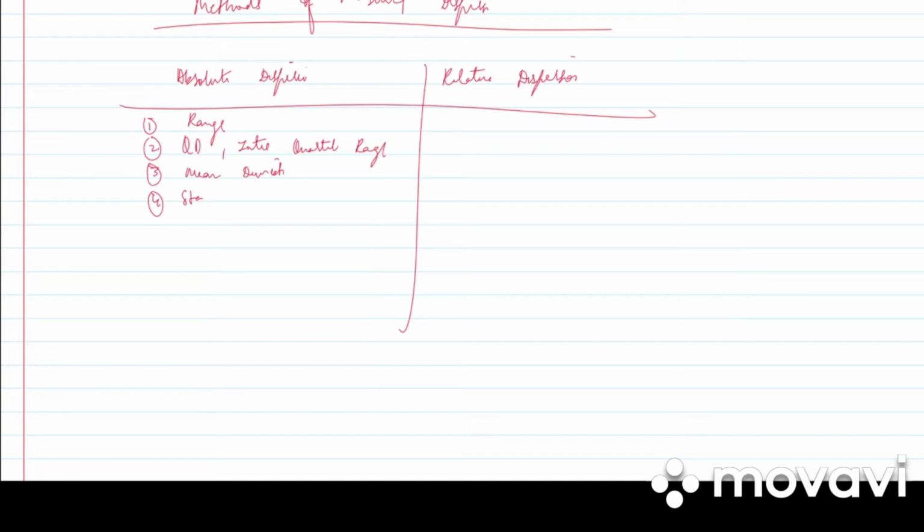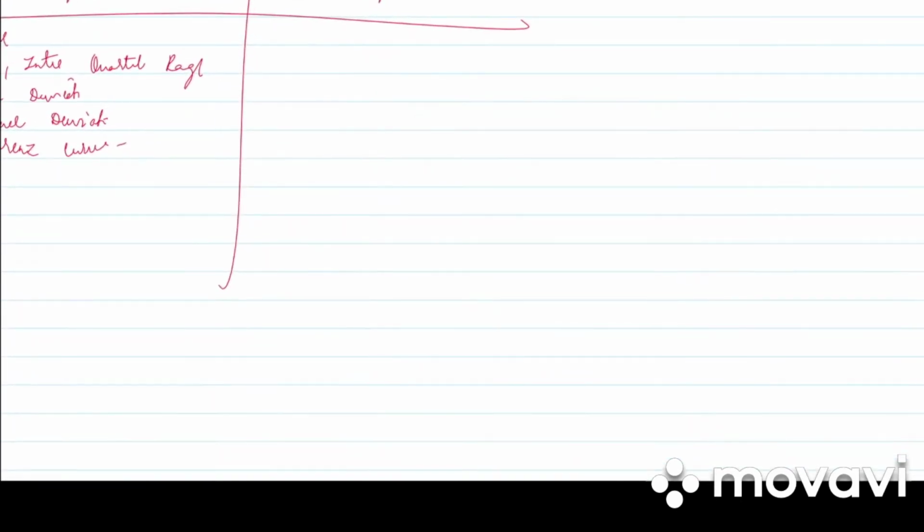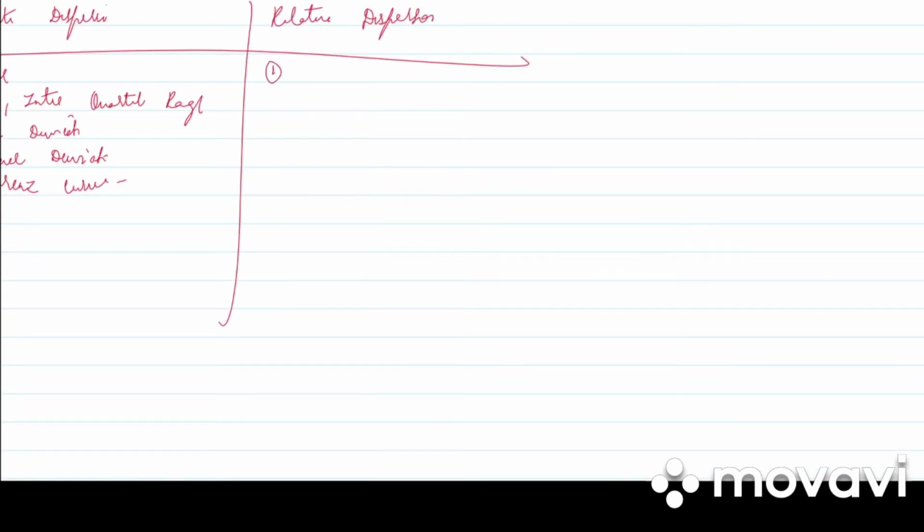Then we have standard deviation. And we have Lorenz curve. In case of relative measure, we have coefficient of range, coefficient of quartile deviation, coefficient of mean deviation, coefficient of standard deviation, coefficient of variation.